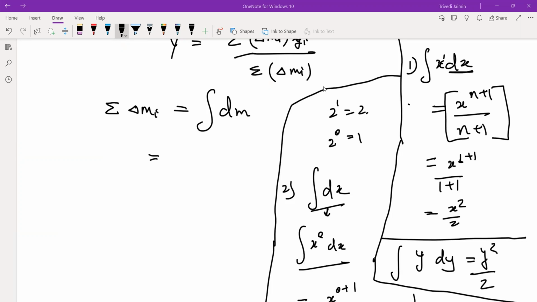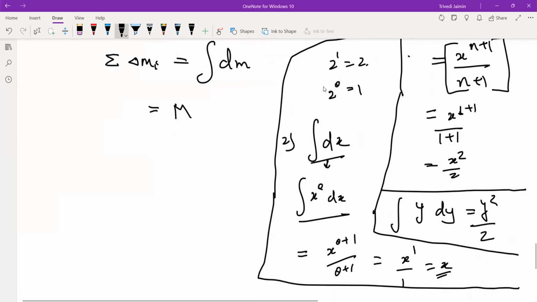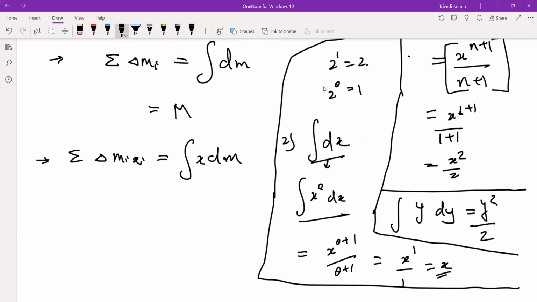Fine. Okay, so integration of dm will be M. Exactly. Again, summation of mi xi is integration of x dm.